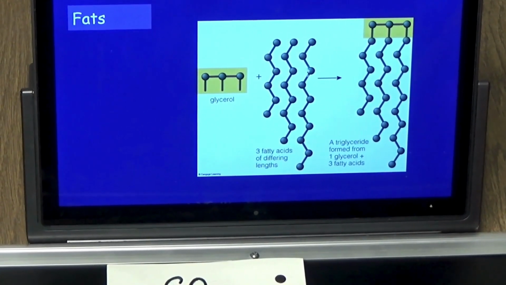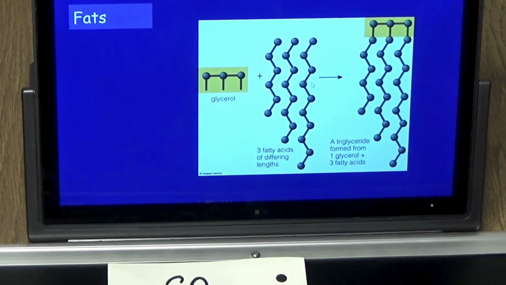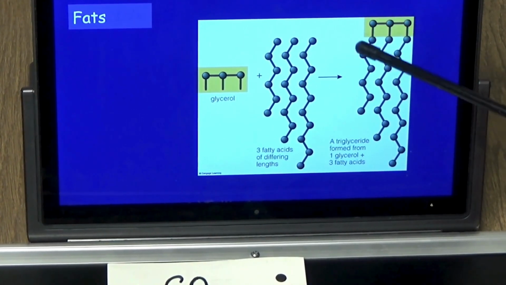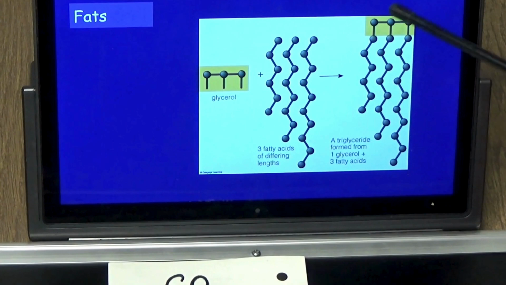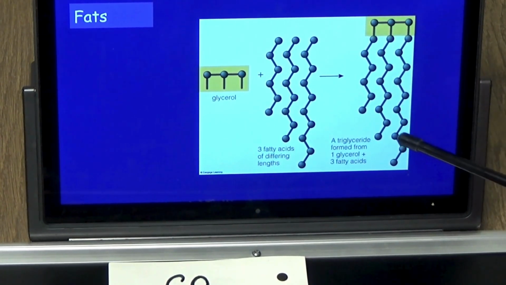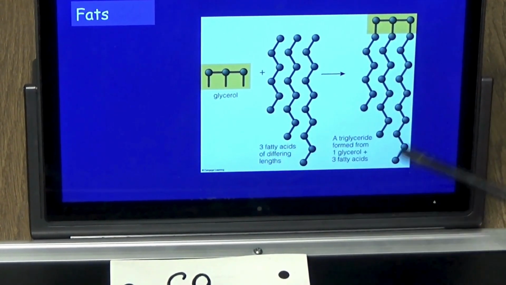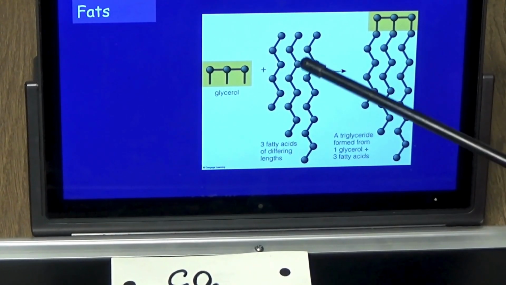The second is fats. Fats are also carbon chains, but you can see that there are 3 carbon chains joined together by one molecule called glycerol. So all these are carbon chains, and that's why sometimes we call fats triglycerides.